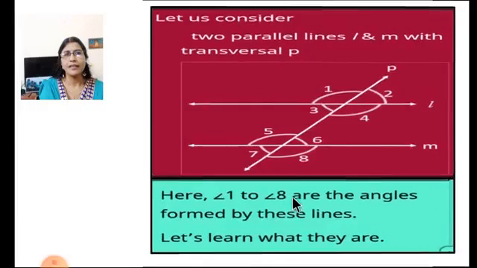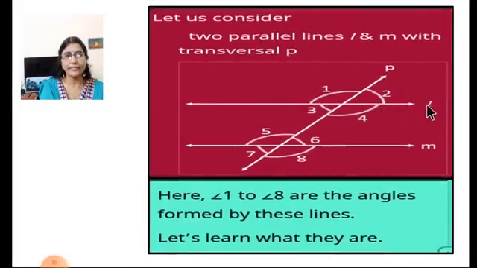Now let us consider, you can see children, here there are two lines. Let us consider two parallel lines. Now you know which are parallel lines: line L and line M. These are the parallel lines with transversal P. Here you can see this transversal is forming 8 angles.